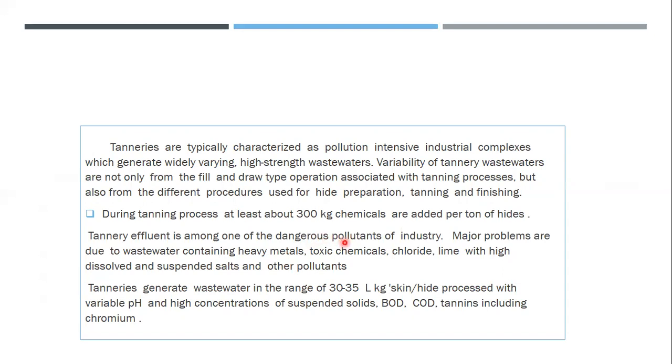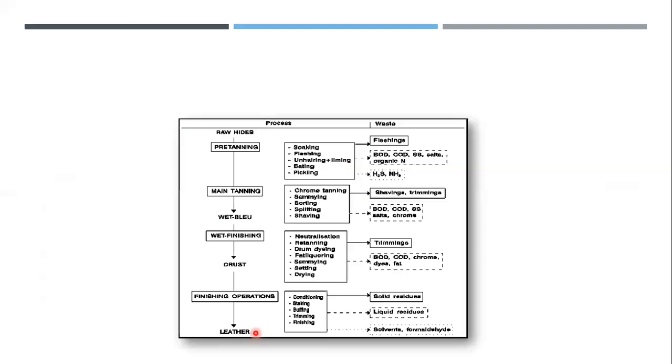The major problem is due to the water waste containing high metals, toxic chemicals, chloride, lime, and other affected chemicals. Tanneries generate water waste in the range of 30 to 35 liters per kg of skin and hide processed, with a variable pH and high concentration of suspended solids, BOD, COD, and tans including chromium.